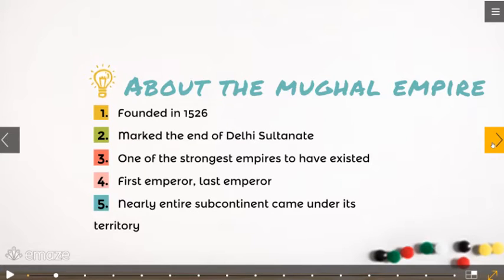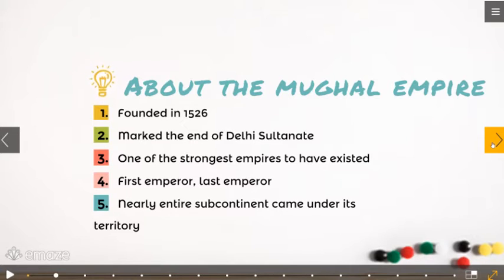The Mughal Empire was one of the strongest empires to have existed in India. And as you can see in the fifth point, it covered nearly the entire Indian subcontinent by the time Aurangzeb came to the throne, and after a few years into his rule. Indian subcontinent.